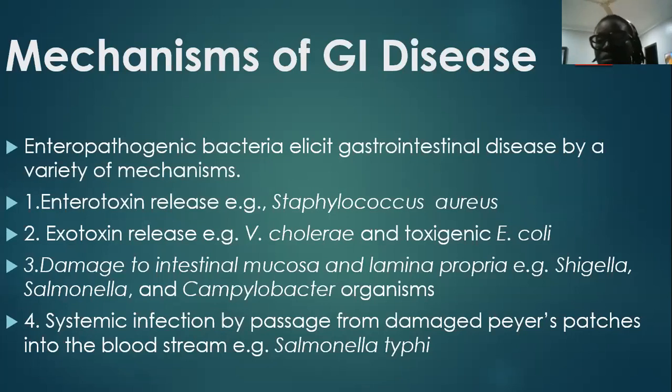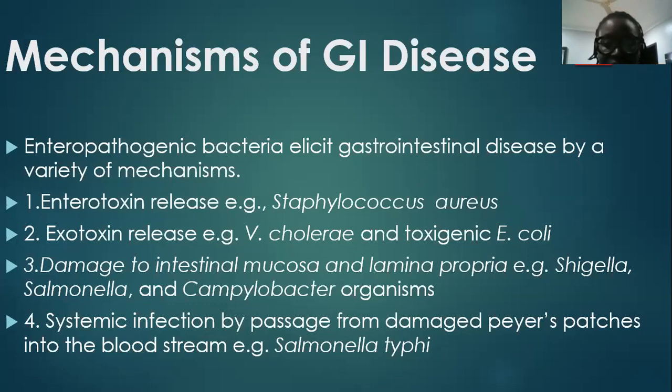Some would damage the intestinal mucosa, like Salmonella and Campylobacter. The organisms that damage the mucosa are the ones that would usually cause bloody stools. So if you have an organism that is able to penetrate the mucosa, there will be some bleeding because it invades the mucosal barrier.